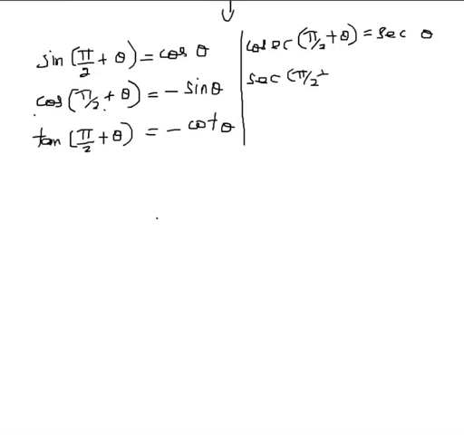Secant pi by 2 plus theta: again, pi by 2 plus theta is a second quadrant angle. Secant will be negative. Because of pi by 2 plus, we change the ratio. Pi by 2 plus theta is the second quadrant angle. Cot is negative. Because of pi by 2 plus, we change the ratio. It becomes minus tan theta.